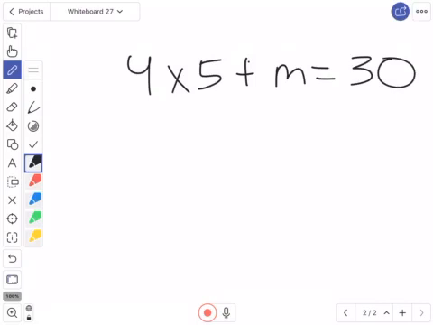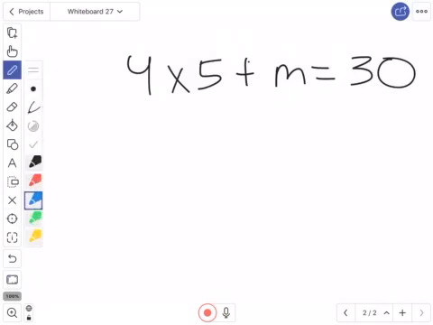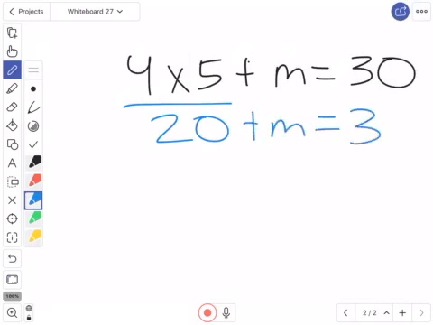Okay, well, to be able to solve this, I see that I have a missing part. I need to figure out what that missing part is. Well, to help me figure that out, I'm going to break this into steps. My step 1 is I'm going to do 4 times 5. 4 times 5 is 20. Then I can think, well, 20 plus m equals 30.